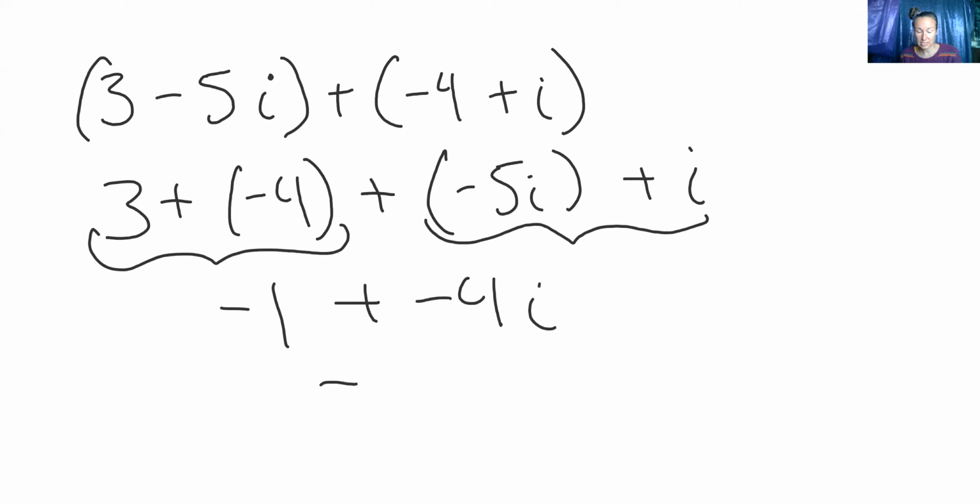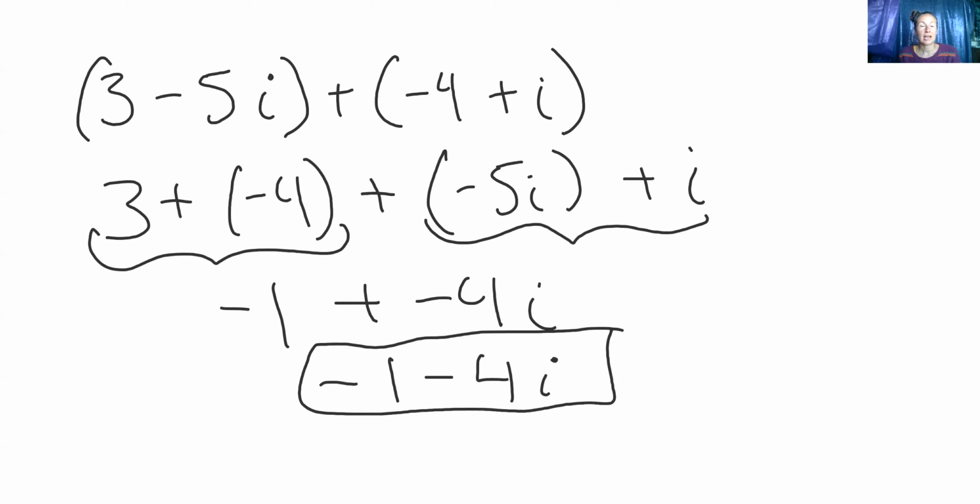So we can rewrite it as -1 minus 4i. All right, that's how we add imaginary numbers. We just add the like terms, which is adding the real part, adding the imaginary part. If you're doing a subtraction, same thing. All right, that's adding complex numbers. Let's multiply some complex numbers.